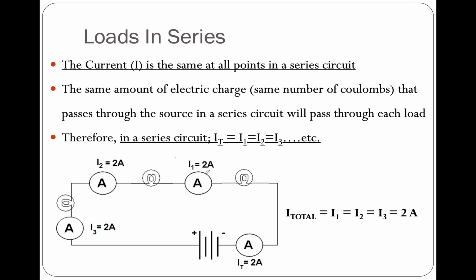The total, same thing with our current. The total amount of charge is fixed. We can't have any more. Since we only have one direction for all that charge to pass through, the current's going to be the exact same, right? We're not talking about energy in this case. We're just talking about the pure number of electrons, basically, right? Since we only have one direction to pass through, all the electrons have to pass through each of these bulbs in turn.